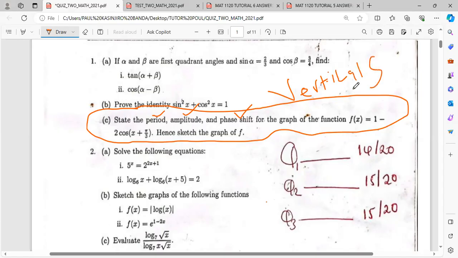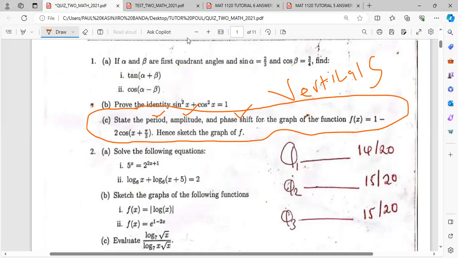Vertical shift is the shift in the y-axis. The phase shift is the shift in the x-axis. The amplitude is how far the graph will go, either up or down. The period is the extent to which the graph will go in the x-axis.